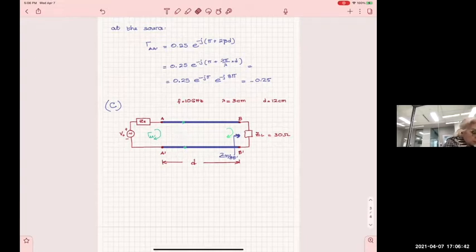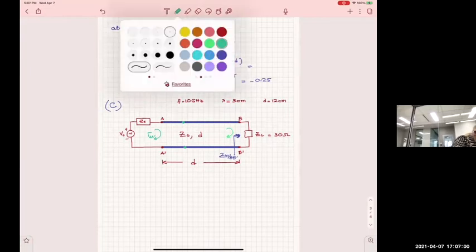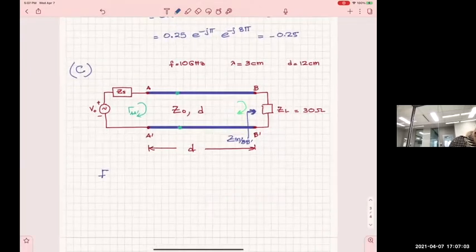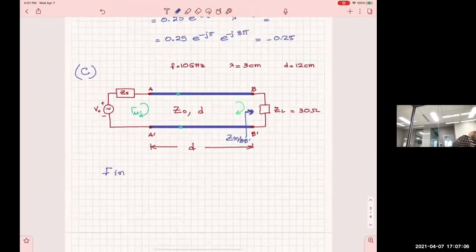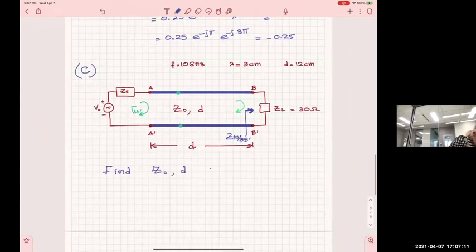What I want to do is at A prime. So it's asking me to find Z naught and D, so that gamma at A prime equals 0. What is gamma at A prime?